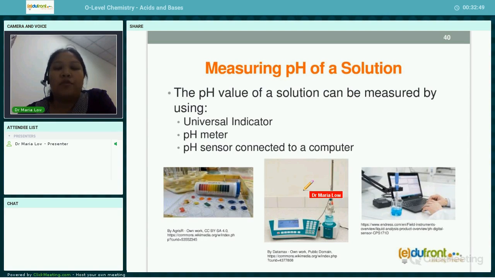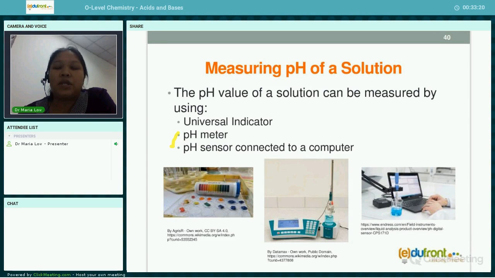And if you want a more accurate pH reading, there is such a thing known as a pH meter, which is shown in the diagram in the middle, that gives you an accurate reading of the pH value of the solution. Then, of course, if you want to record the pH values on a continuous data range, one of the ways is to make use of a pH sensor connected to a computer.